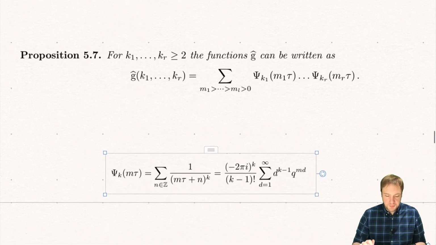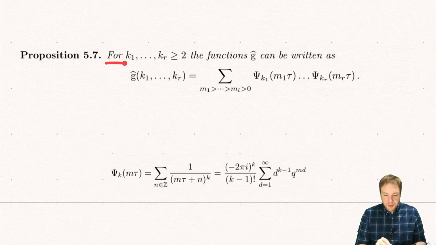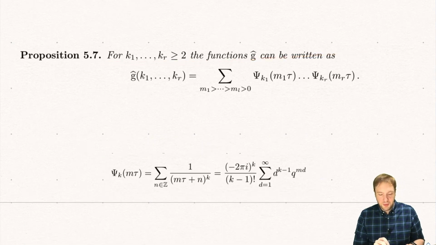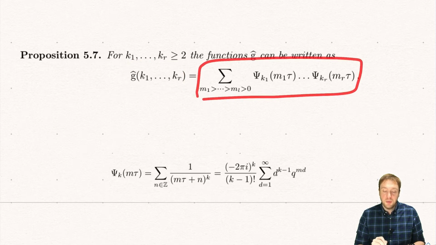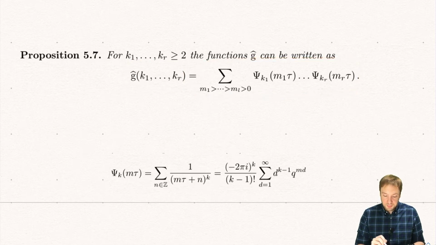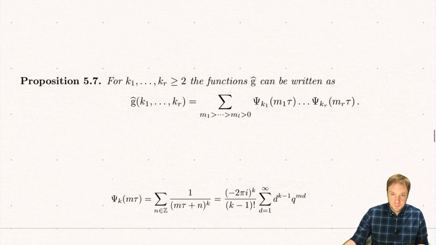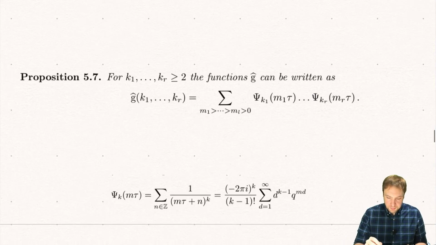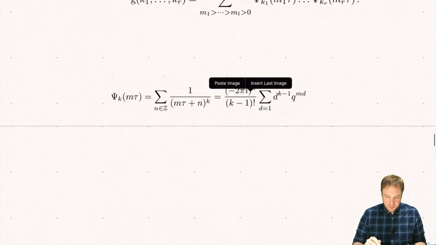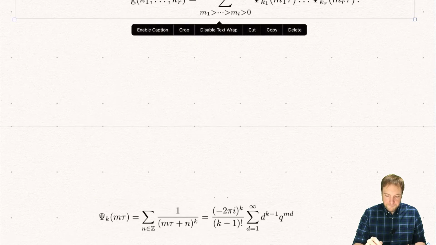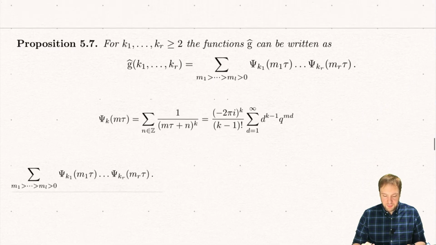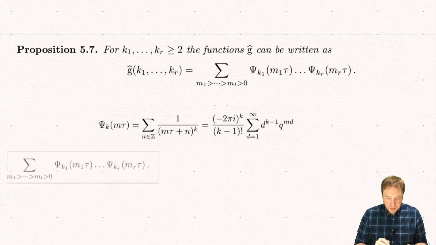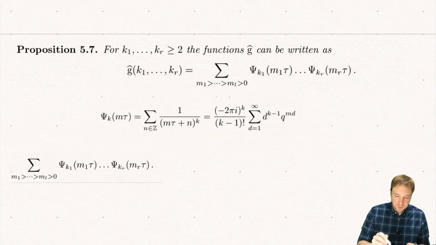So the statement is that for all integers greater or equal to 2, this G hat, k1 up to kr, can always be written as an ordered sum of these monotangent functions. And this is a direct consequence of the Lipschitz formula, because, so proof sketch.